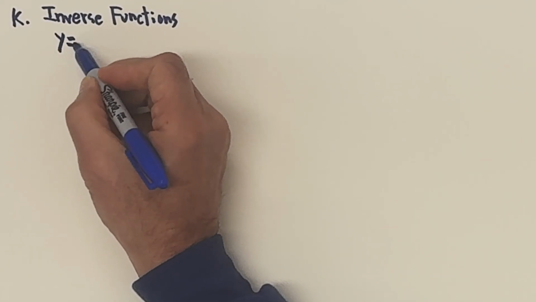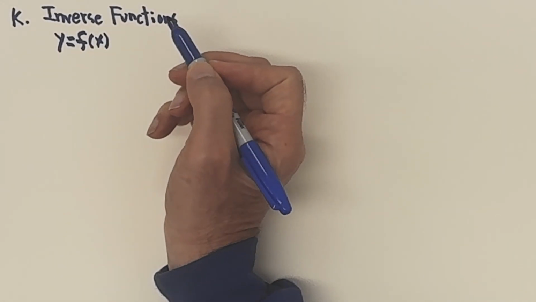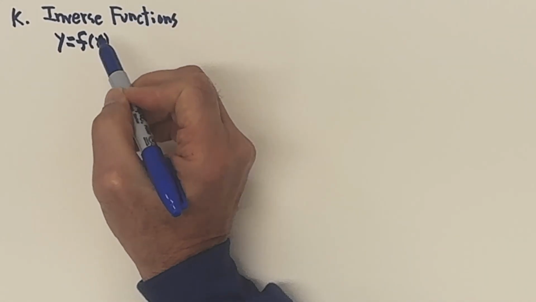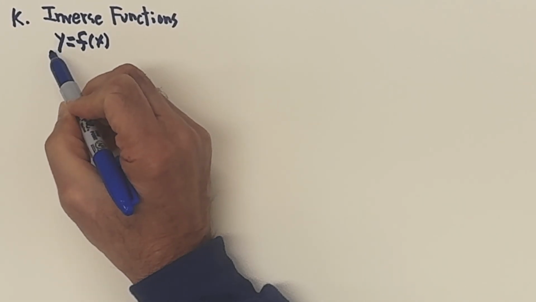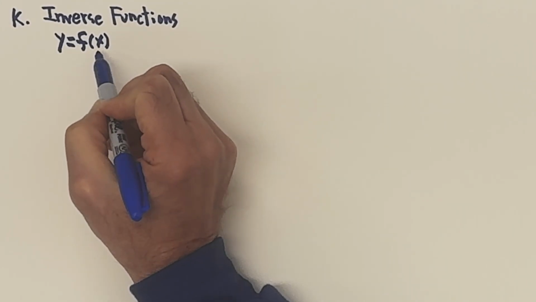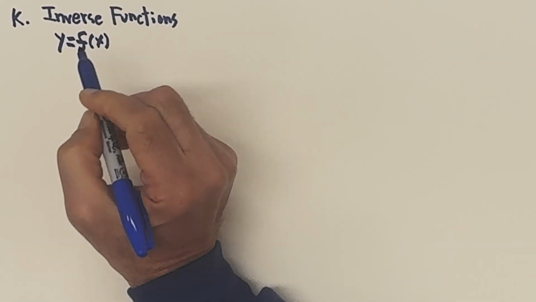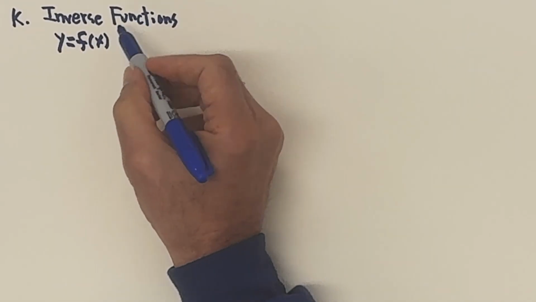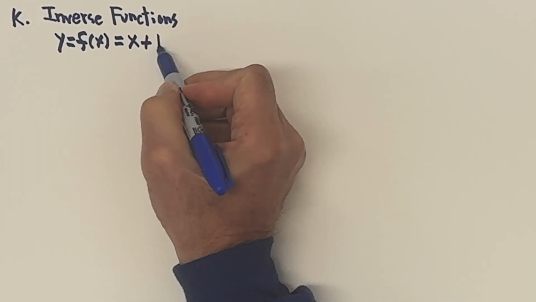So take y as a function of x. And here, remember, a function, you have an input x and you get one output. You could have different values for x to give the same output as long as you only have one output. And we're going to take a very simple case, x plus 1.